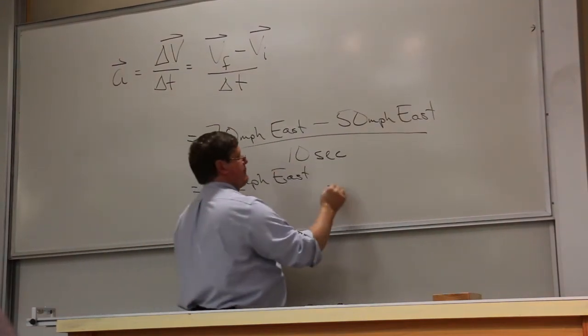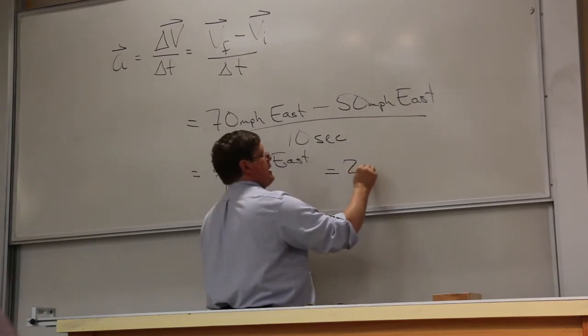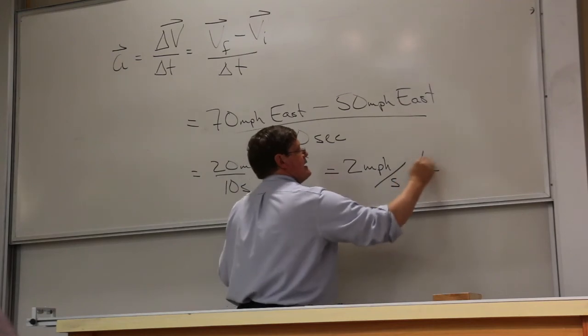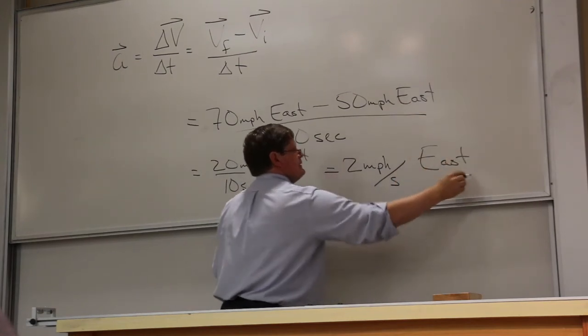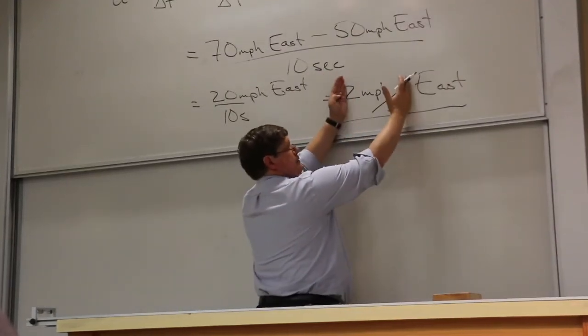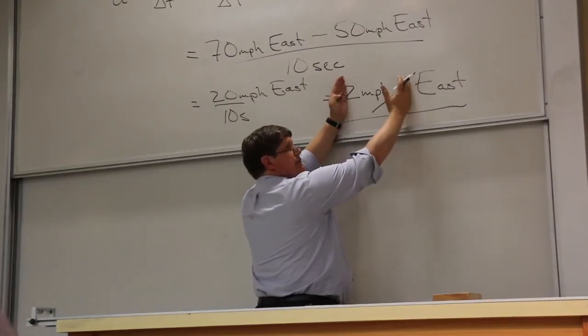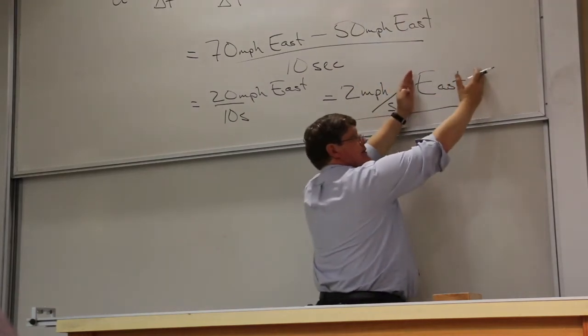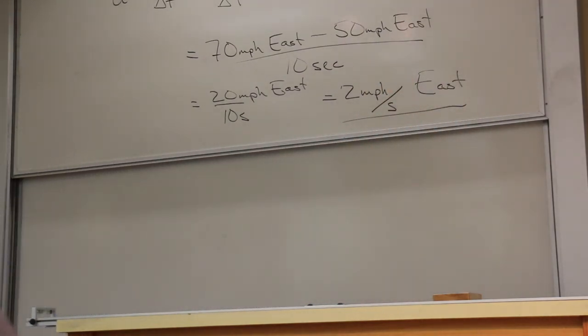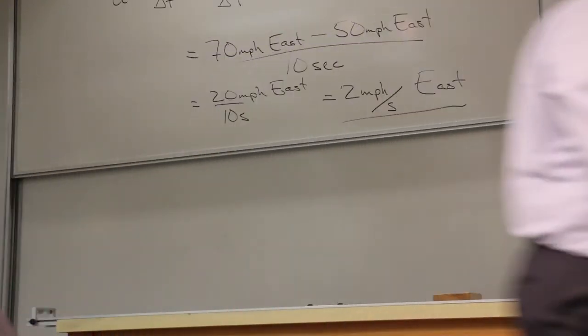And that's going to give me a final answer of 2 miles per hour for each second east. Okay, magnitude. The magnitude is this number. That's always going to be a positive quantity. And the direction is east. Okay, let's try another one.